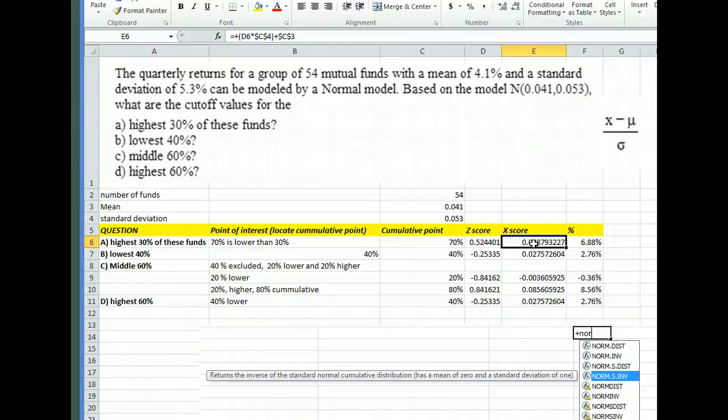And since we're talking about returns, I have translated it here into percentage.